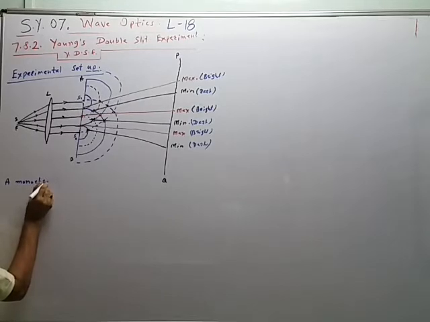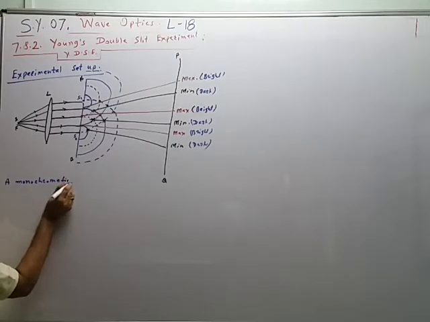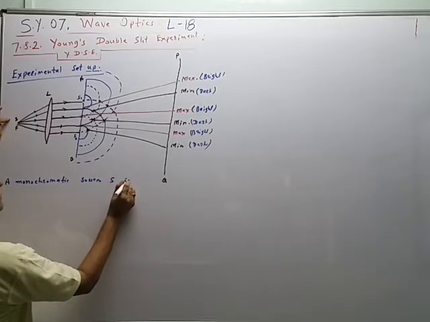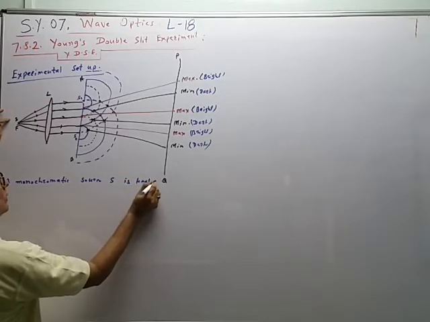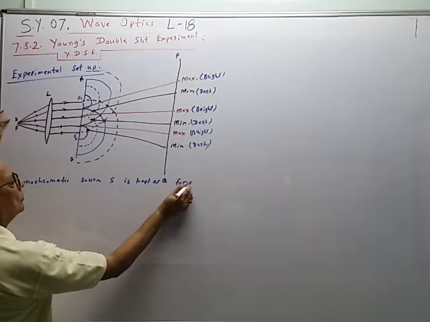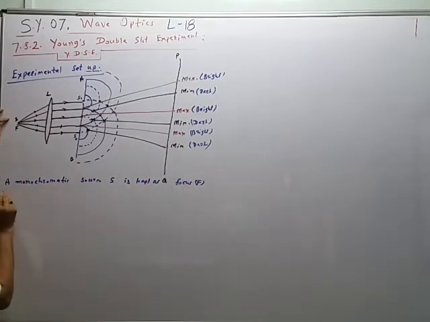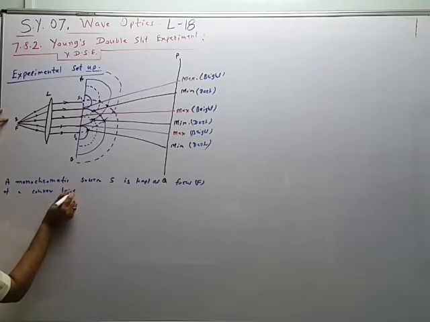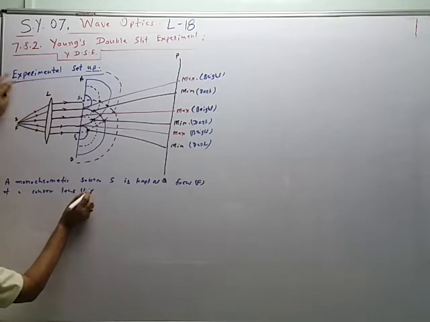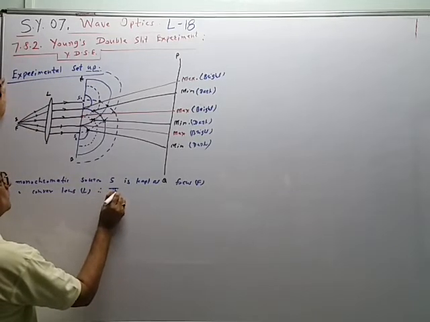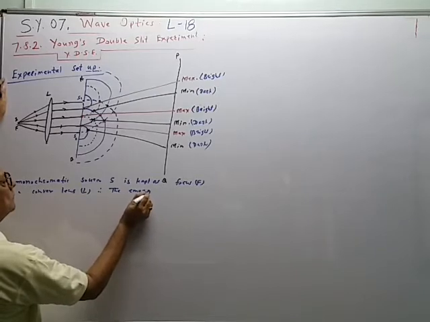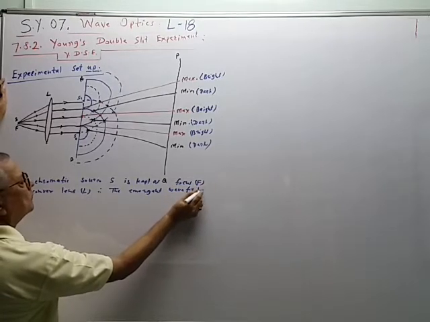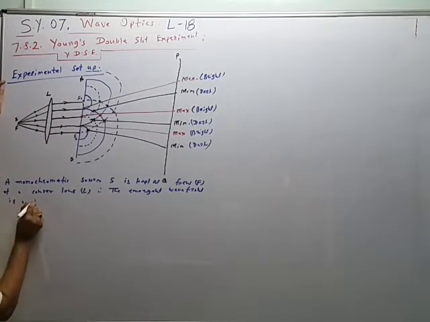A monochromatic source S is kept at the focus F of a convex lens L. Therefore, the emergent wavefront is a plane wavefront.